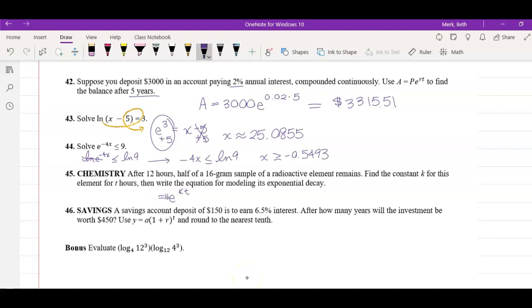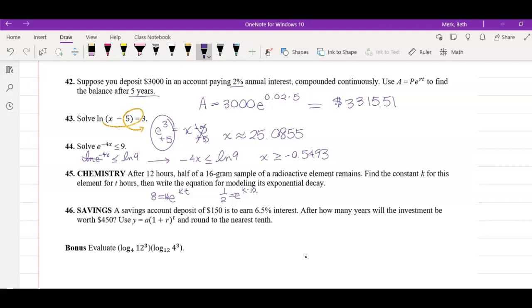So I'll put 16 here and an 8 here. Dividing both sides by 16, I get 1/2 equals e to the kt. And I know that it's going to get to its half-life in 12 hours because it tells me that. So I'm going to put a 12 in for the time.